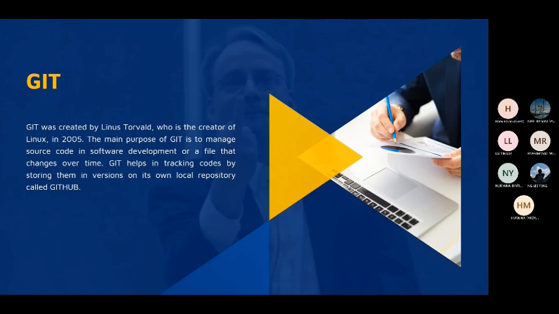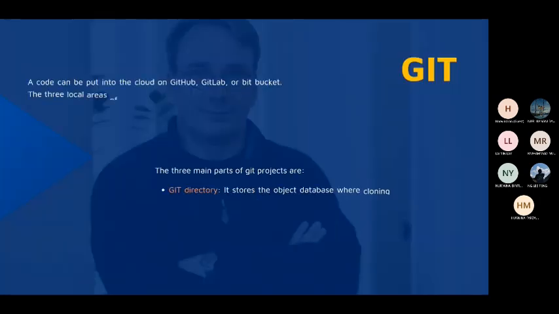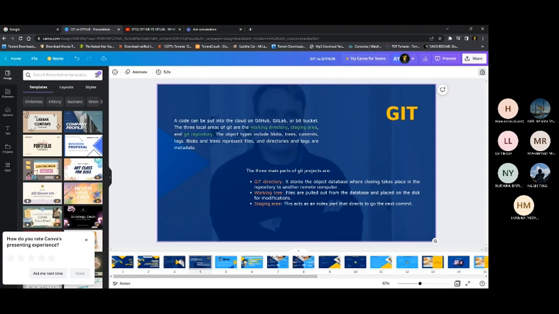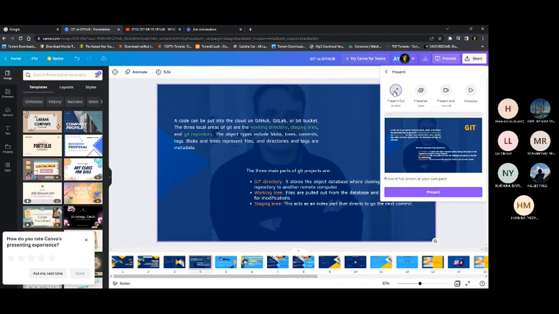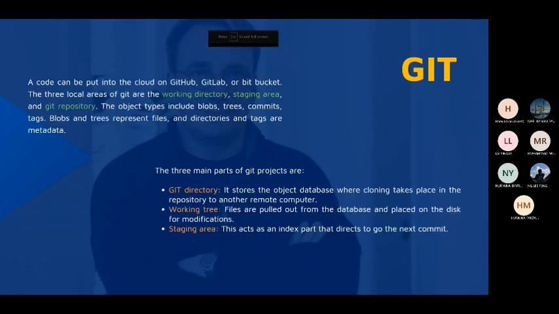It helps in tracking code, storing it in versions in its own repository. What is Git? Git is code that can be put out on GitHub, GitLab, or Bitbucket.